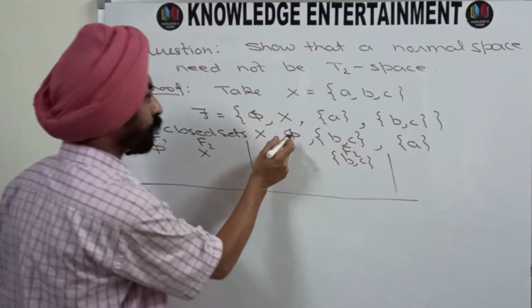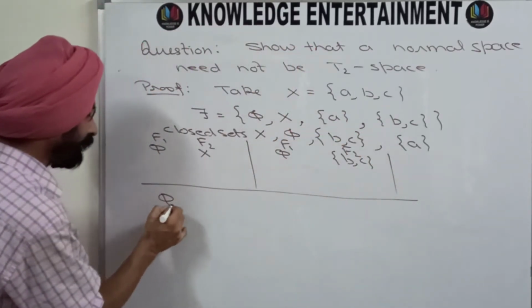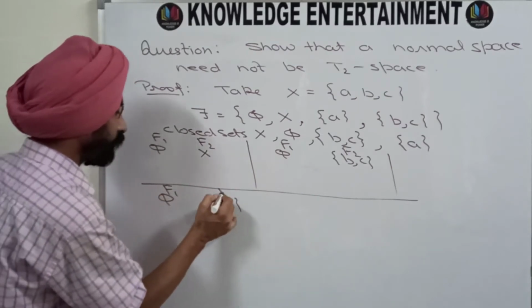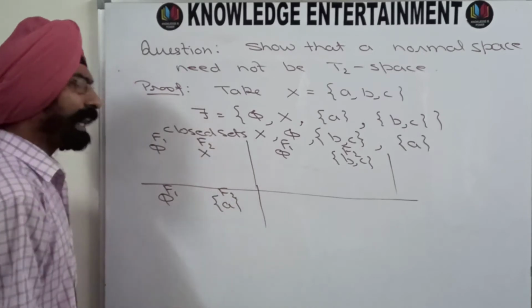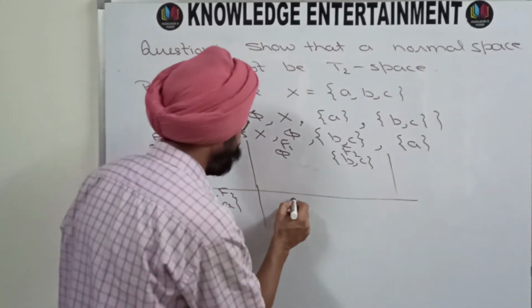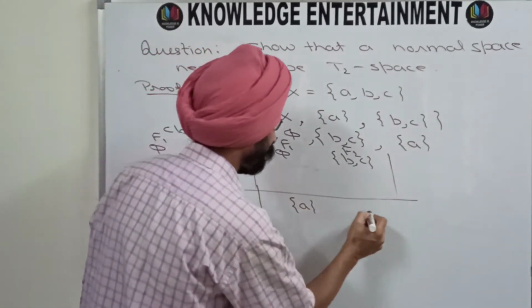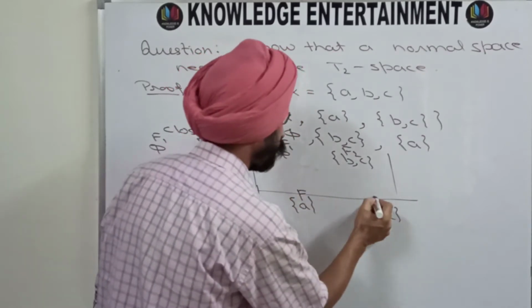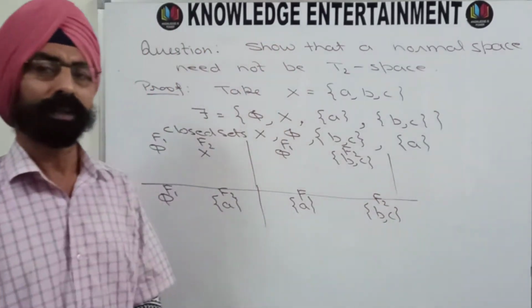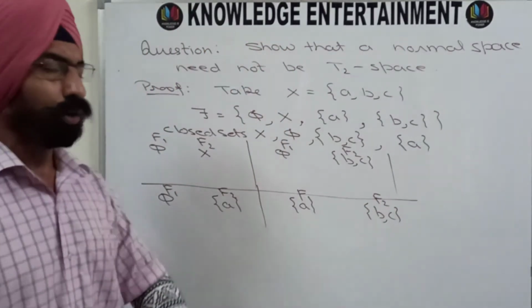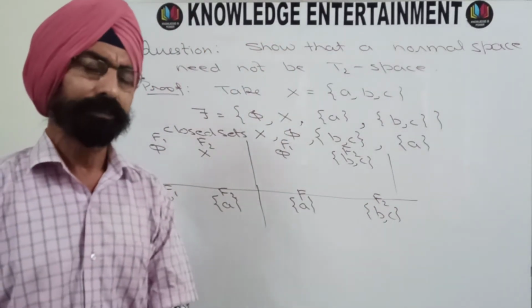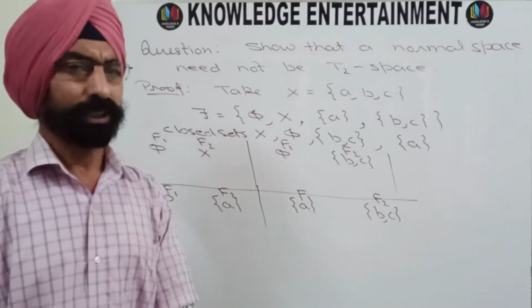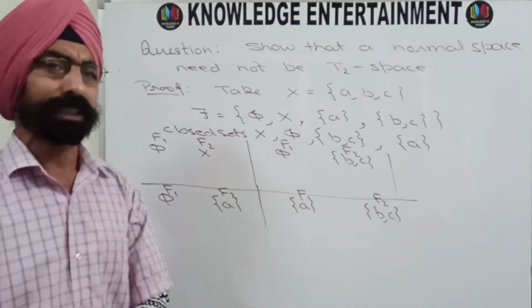Another possibility is that you can take phi and the singleton set A as F1, F2, and the last possibility is the set A and the set BC as F1, F2. So these are the only four possibilities; there are no more pairs of disjoint closed sets in this topological space.